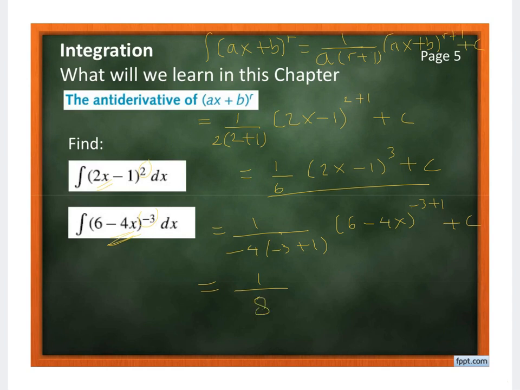One over 8, 6 minus 4x, negative 2 plus c. Or we can write 1 over 8, 6 minus 4x squared plus c.